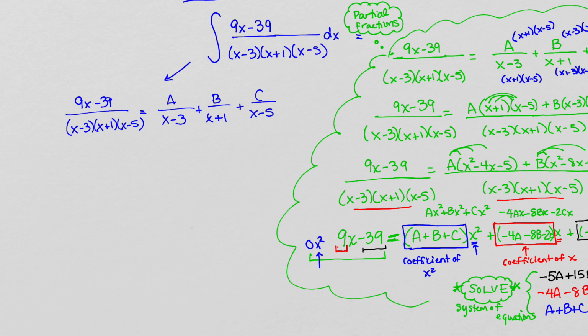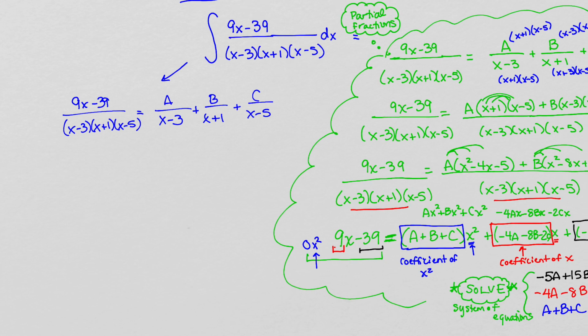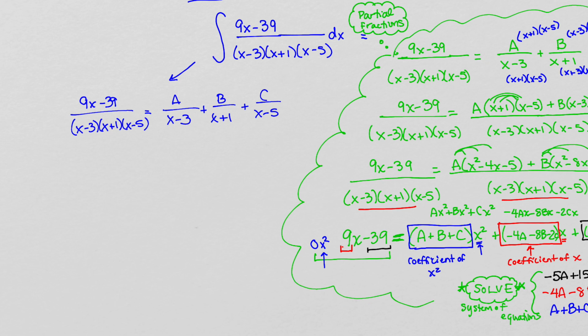We go about the process again as before, where we find the least common denominator, and so we're going to have to multiply the first one by x plus 1, x minus 5. The second one by x minus 3, x minus 5. And the third one by x minus 3, x plus 1.